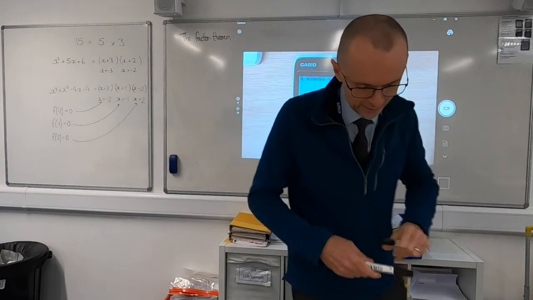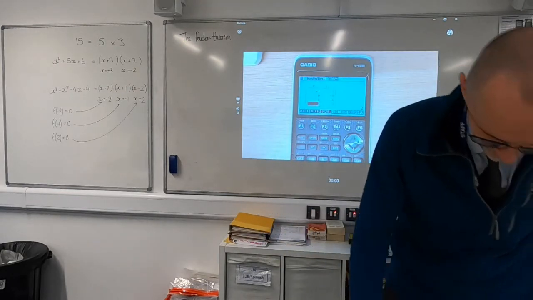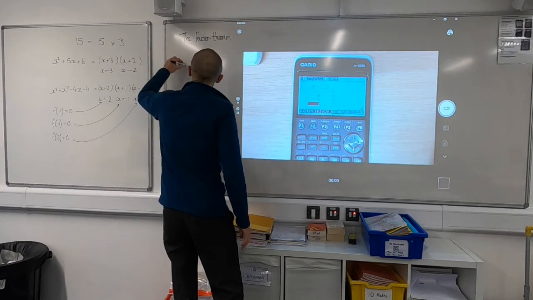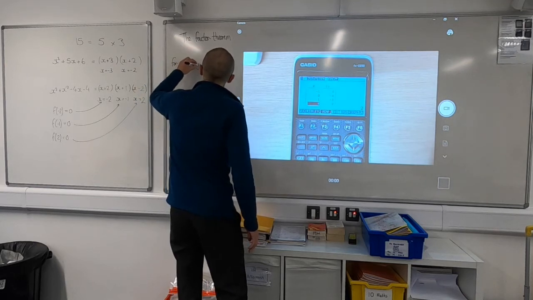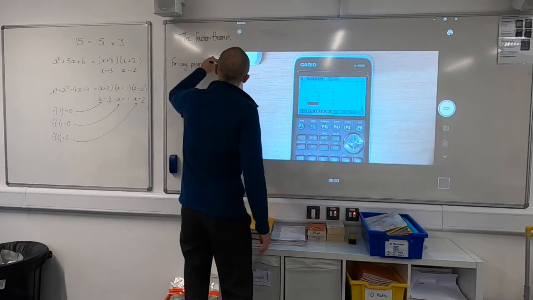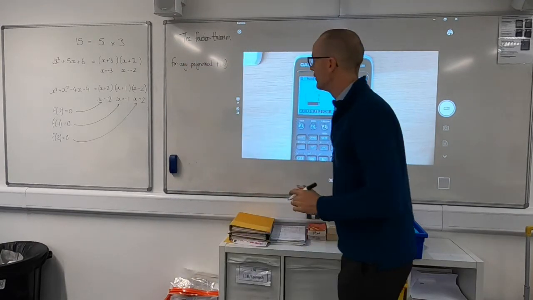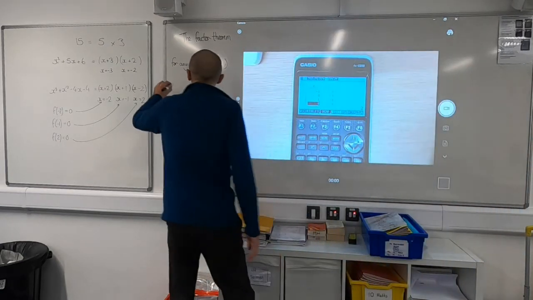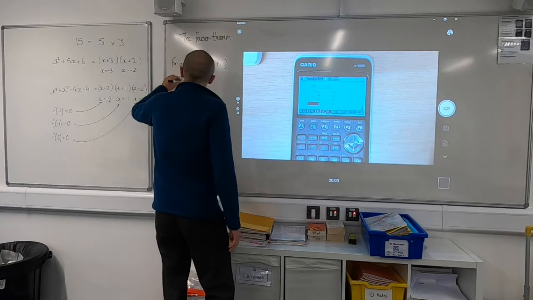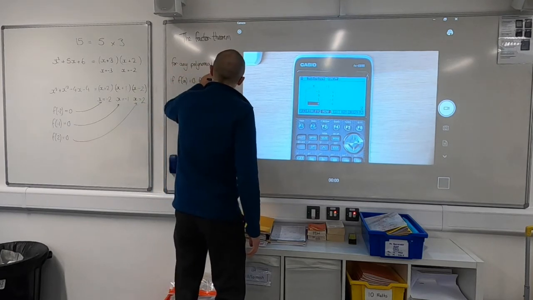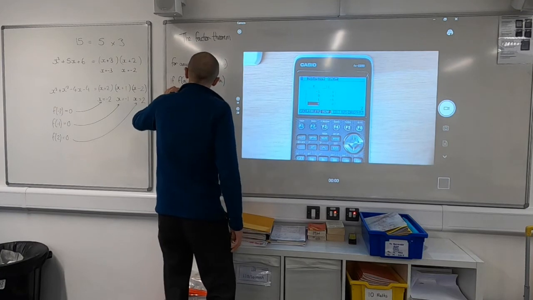I'm going to state the factor theorem for you. So the factor theorem says for any polynomial, and we use polynomial f of x, for any polynomial f of x, if f of some value equals 0, then x minus that value is a factor.